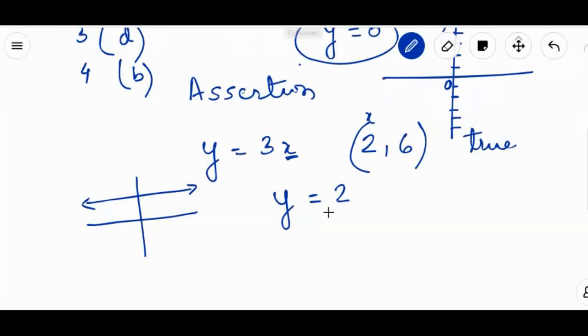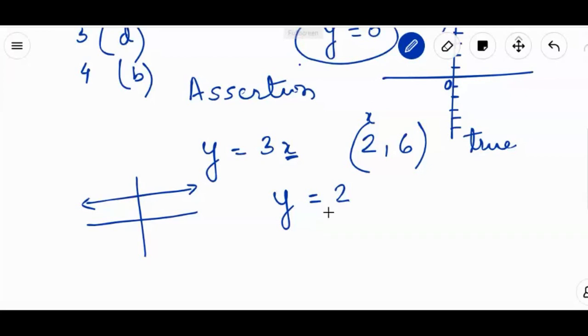Now, start from the bottom, the 4 options. They are saying A is false, R is true, A is true, R is false. These both cannot fit in here. So, what are we left with now? We are left with the first 2 options. Now, what do they say? Both A and R are true, and R is the correct explanation for A. Is the second statement R explaining the first one?